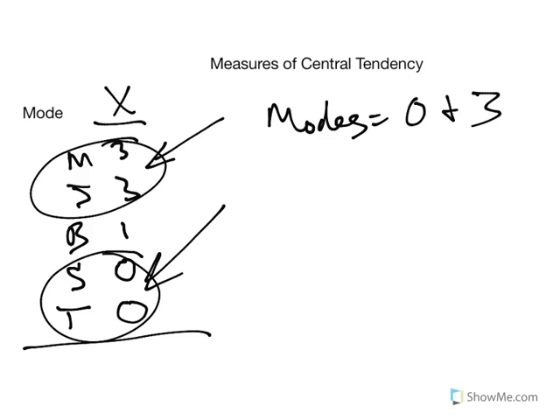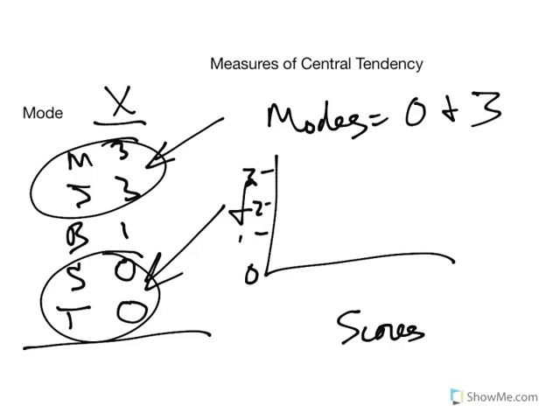And if you were to graph this out in a frequency distribution, frequency up here, and down here scores 0, 1, 2, and 3, you can see that here you have this, and then over here for 3, you have this, and then down in between the two you have this trough.